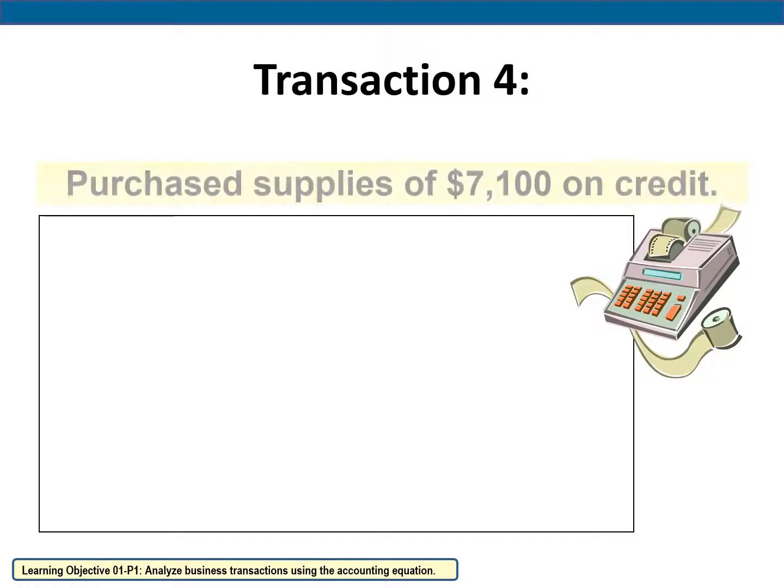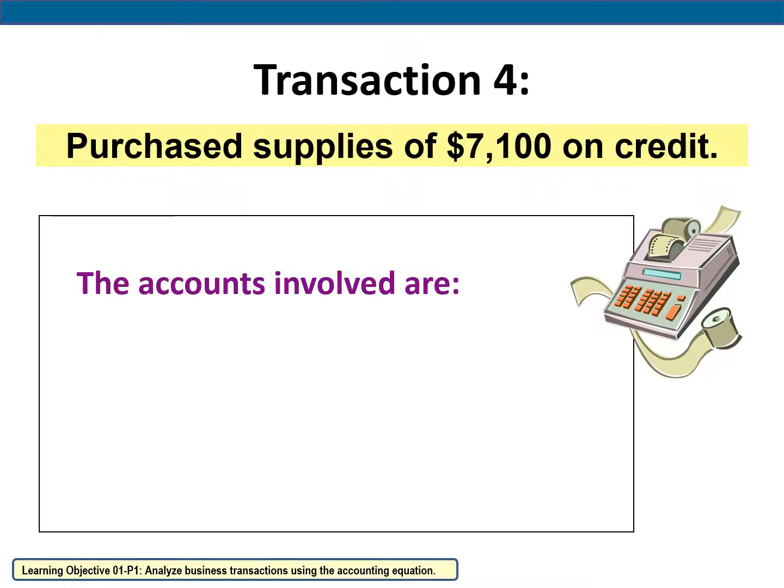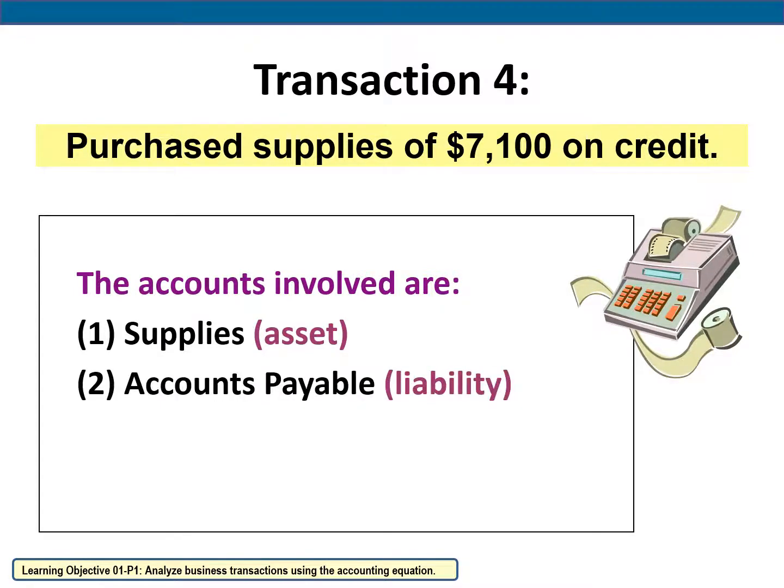In transaction 4, the company purchased supplies of $7,100 on credit. You can buy assets one of two ways typically, either with cash or on credit. And when you buy something on credit, we have what we call an accounts payable. So our supplies asset account is going to increase, and our accounts payable, a liability, something we owe to our supplier sometime in the future, is going to increase as well.